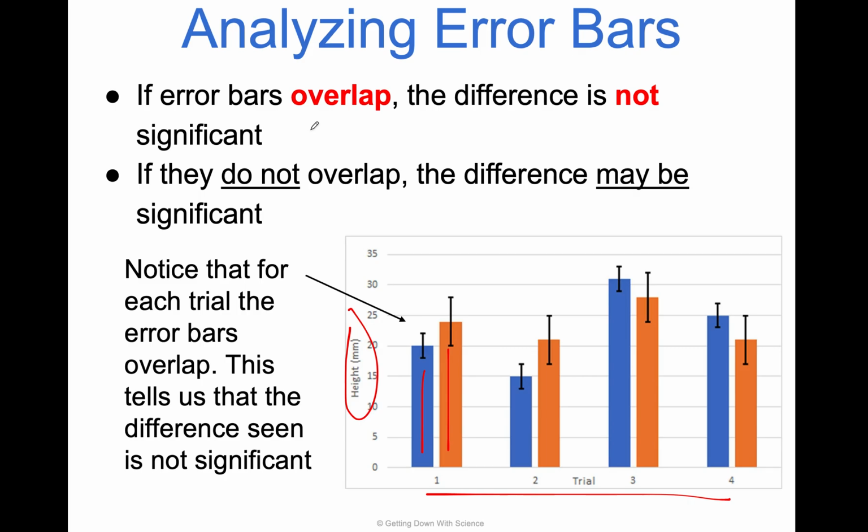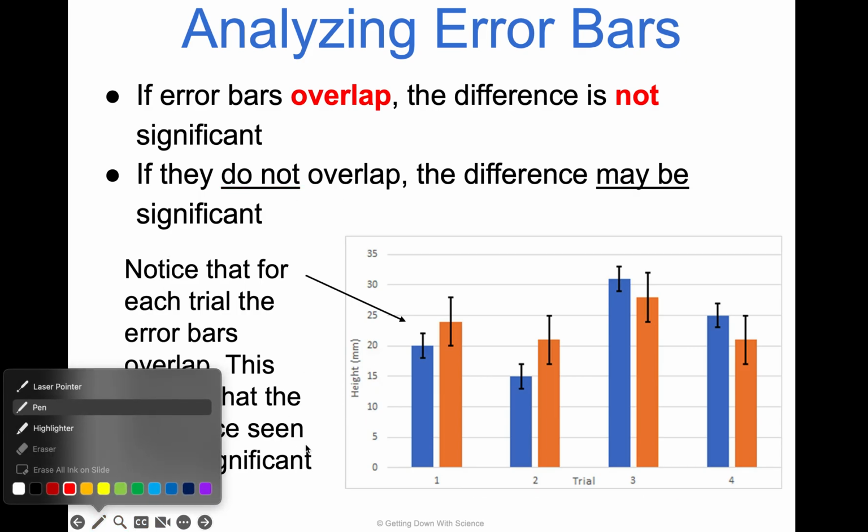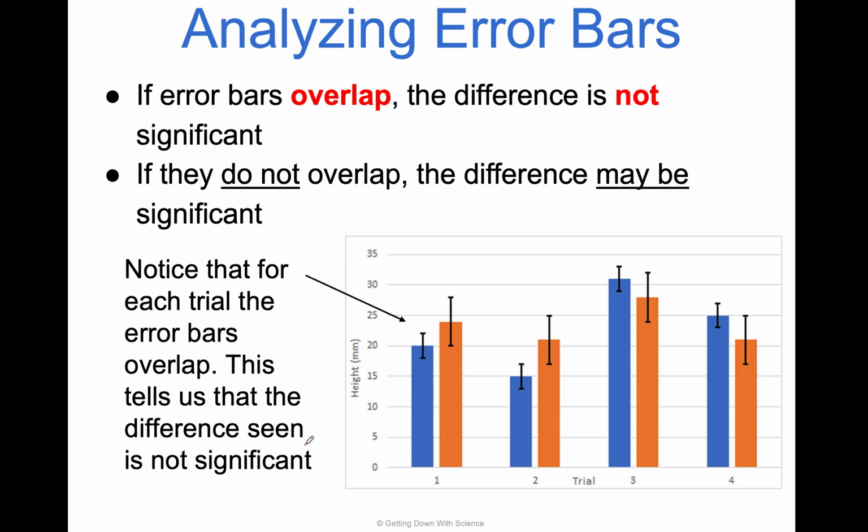If they do not overlap, the difference may be significant. All that means is that we are trying to determine whether the changes that we see are a result of our independent variable or some other outside force that we do not have control over, right?